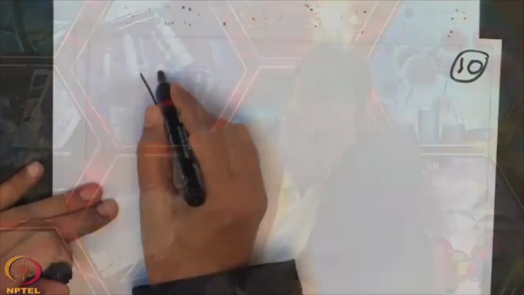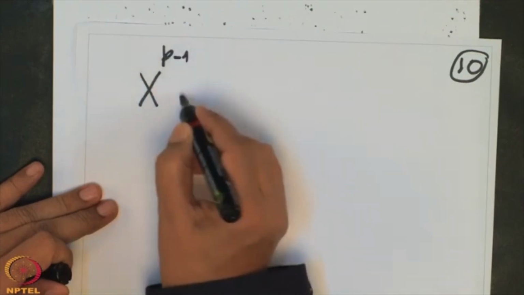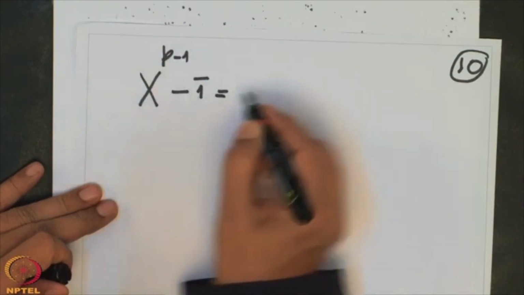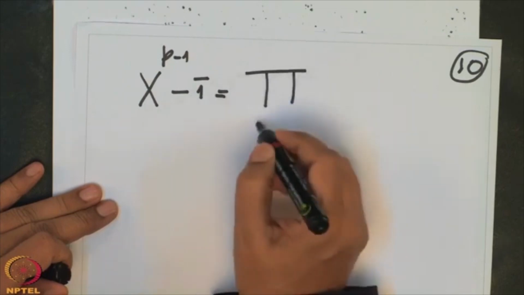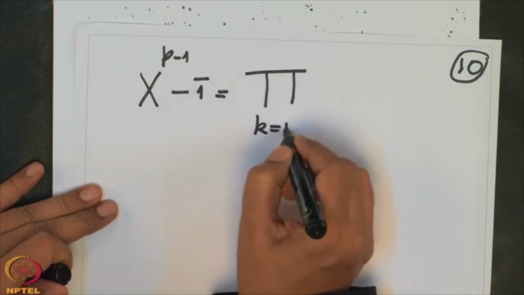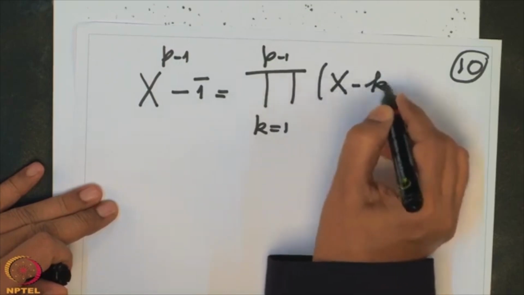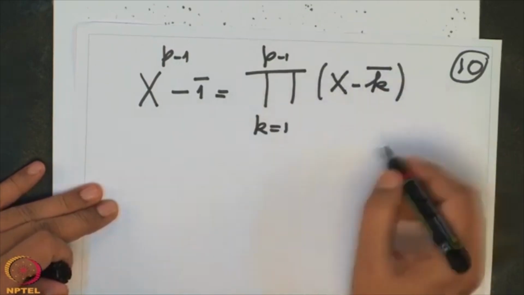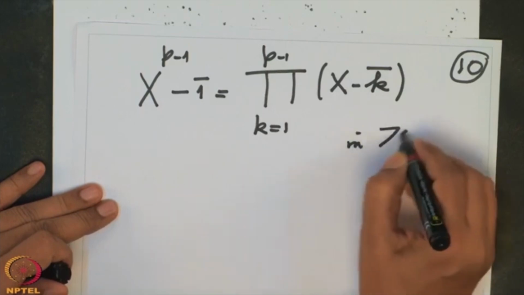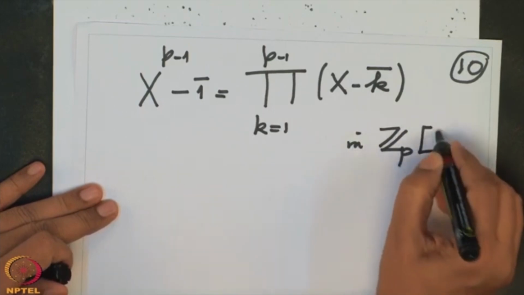Coming back here, what did we prove? We have proved such an equation: x power p minus 1 minus 1 bar equals the product over k from 1 to p minus 1 of x minus k bar, and this is in Z mod p x.